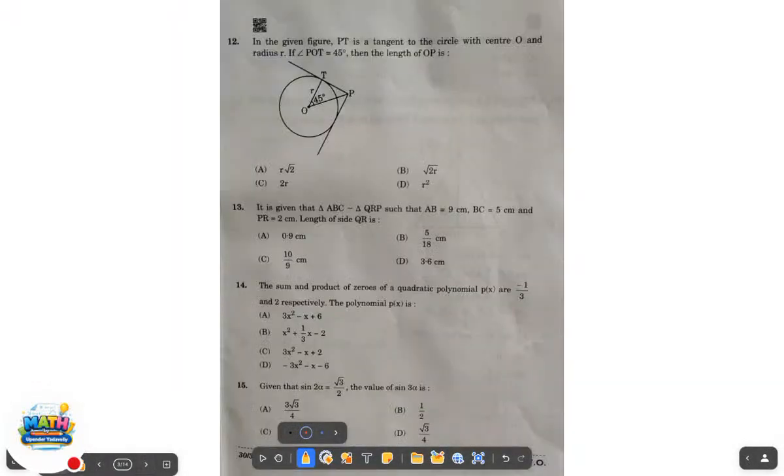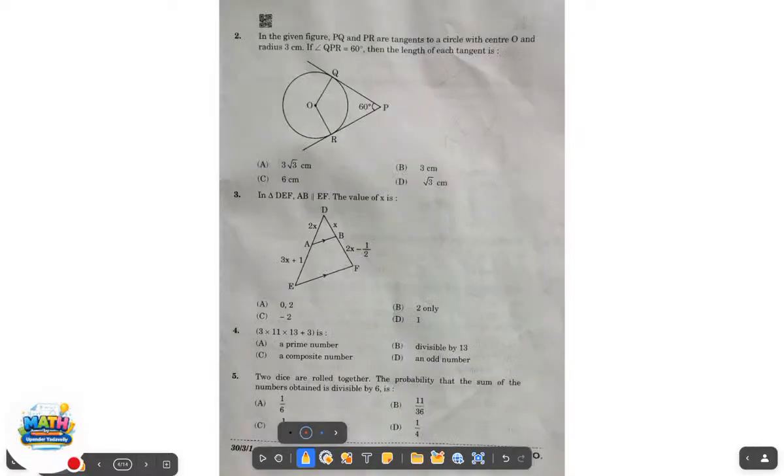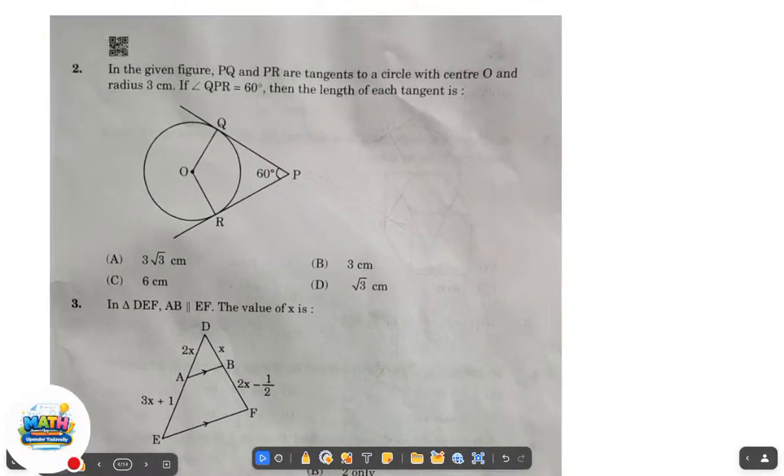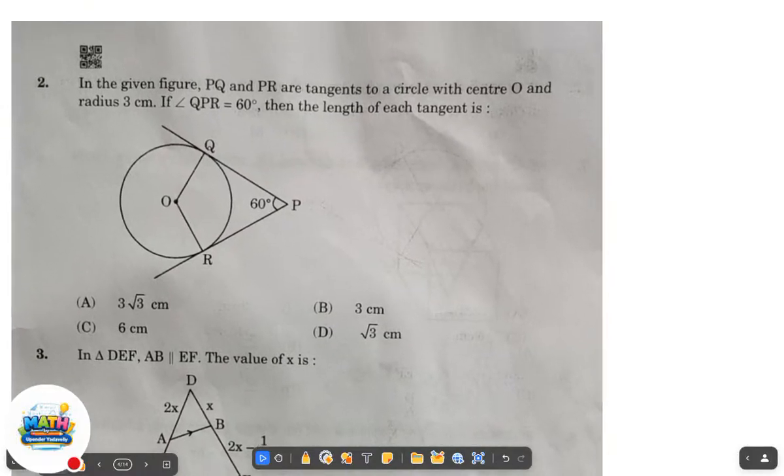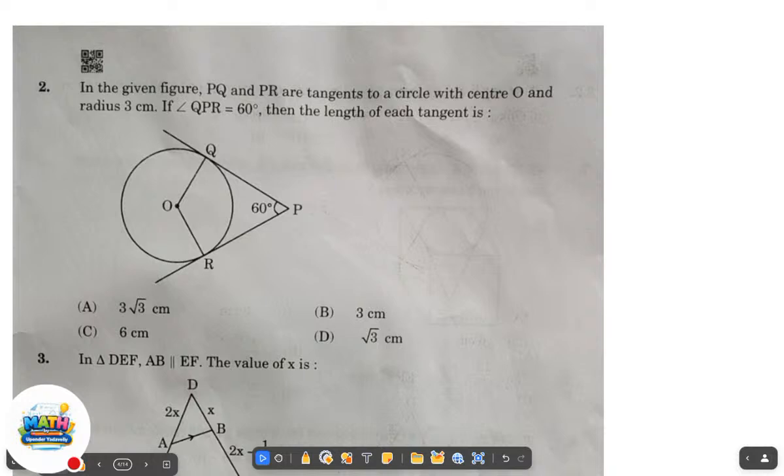Now let's see the second question. What is the second question here? In the given figure, PQ and PR are tangents to the circle with center O, and the radius is 3 centimeters.